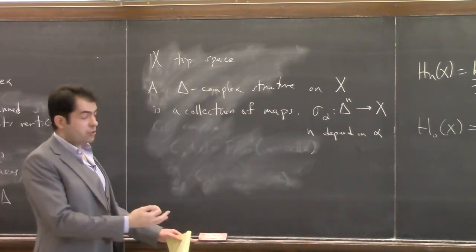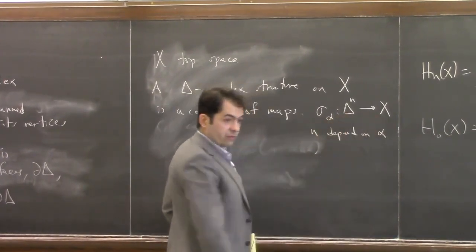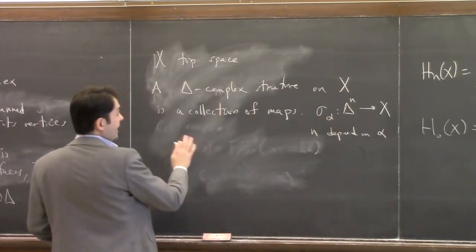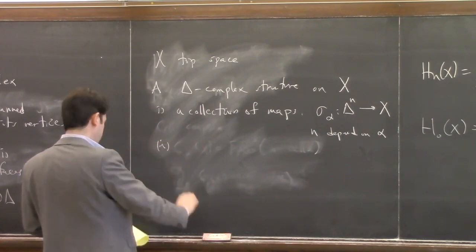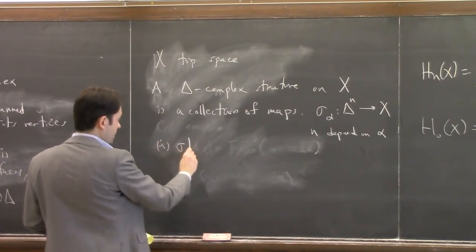So we're going to have a bunch of maps of simplices into X, right, of varying dimensions. And we're going to demand that these satisfy the following.